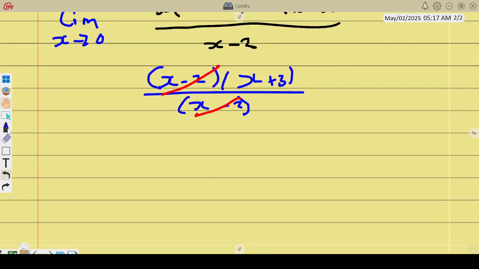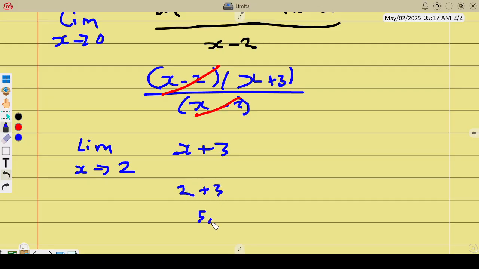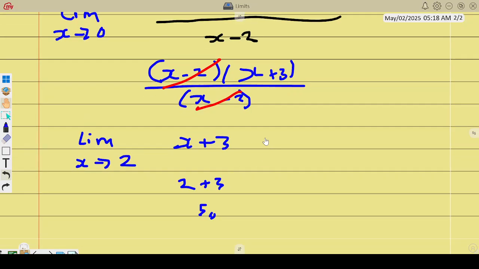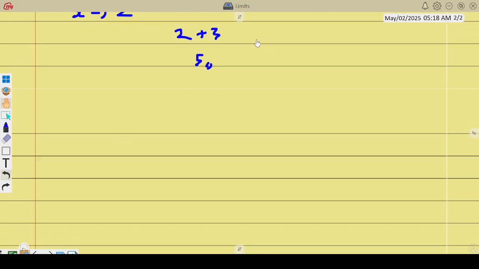Yeah, so up to this point we say limit as x approaches, or not 0, it's 2. So I've remained with x plus 3. So what is x? When we substitute, that's when we stop bringing down this. So x is 2 and then 3. We're going to get a 5. So that's how you go about it.